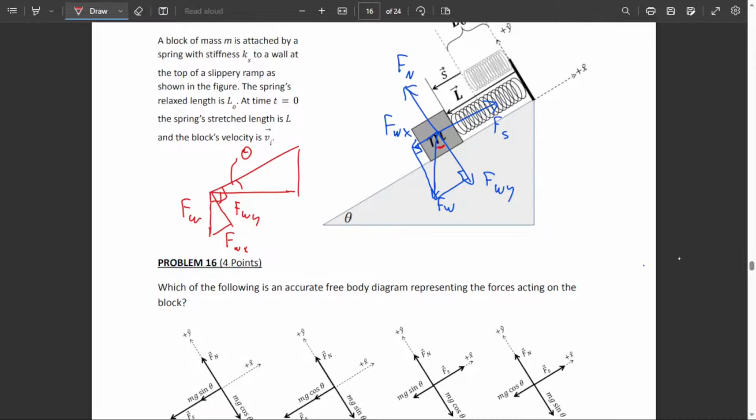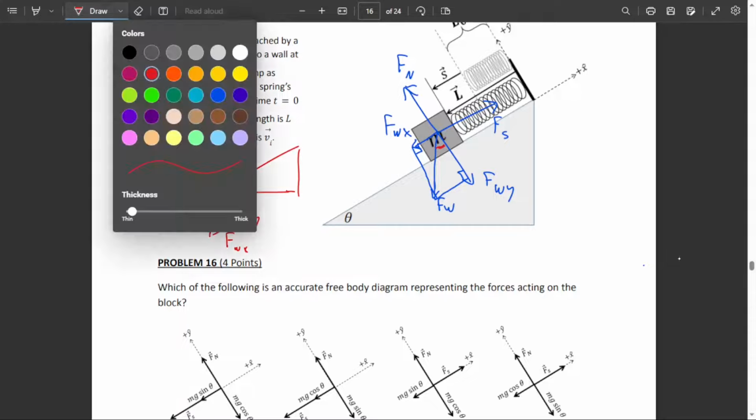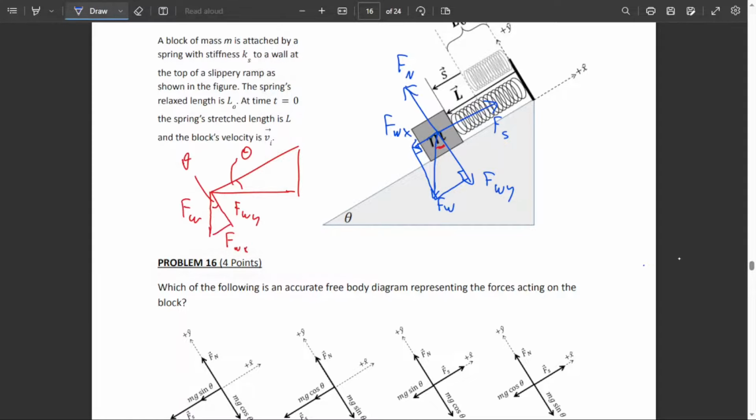So with both of those, we can determine that these two angles must both be theta, because if we look at, let me switch colors, if we look at this right angle, it has the left angle of our three forces and this middle one.